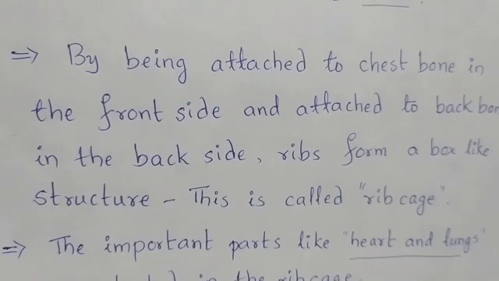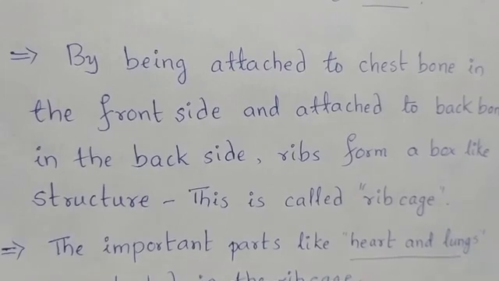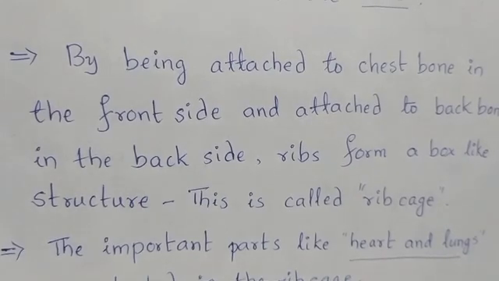The box-like bony structure that is made by the attachment of ribs with the chest bone and backbone is called the rib cage.